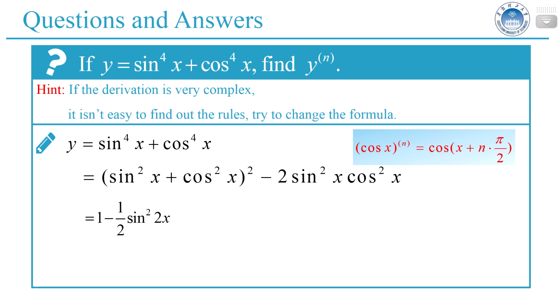Using the double angle formula again, we can get a special cosine u. So we can write it in this form: equals 1 minus half sin squared of 2x, equals 1 minus (1 minus cosine 4x) over 2, using the double angle formula.